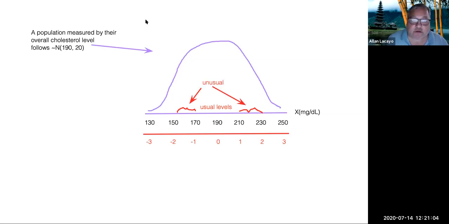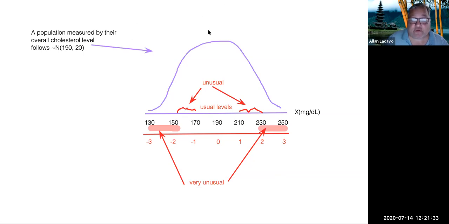And these people who are in these fringes here and there are between 2 and 3 deviations from the mean. Those people could be labeled as very unusual. And there are people who are just outliers.